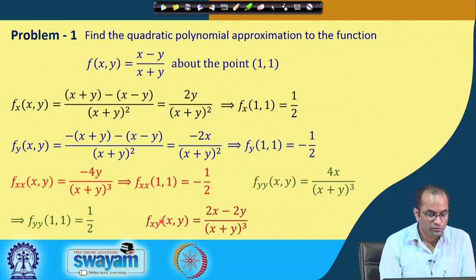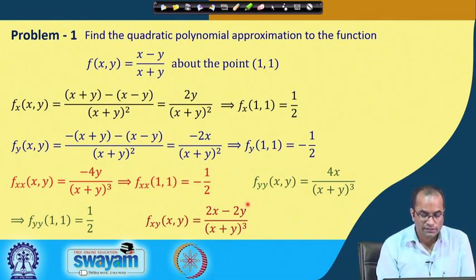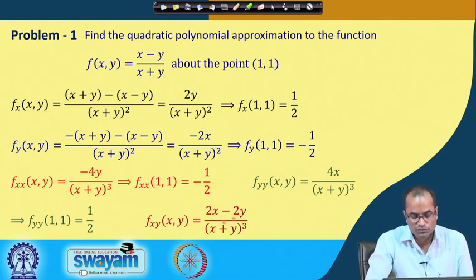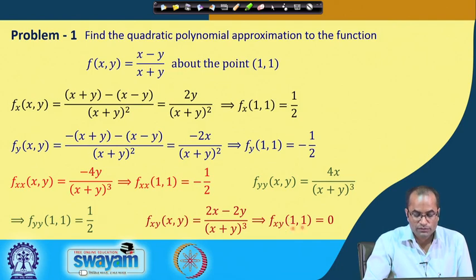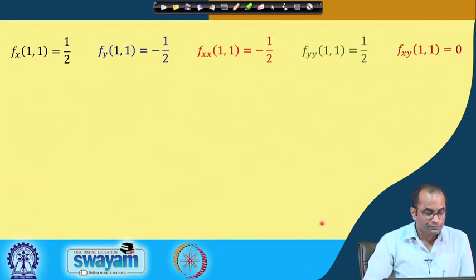And the mixed order term, we can differentiate f_x equal to 2y over (x plus y) square with respect to y, or we can differentiate f_y with respect to x, to get this term (2x minus 2y) over (x plus y) power 3. Again we need to compute this at the point (1, 1), so we will get 0, because when we substitute 1, 1 there, 2 minus 2 becomes 0.